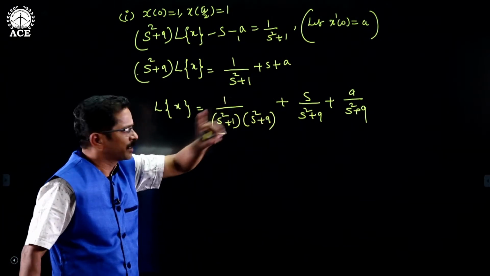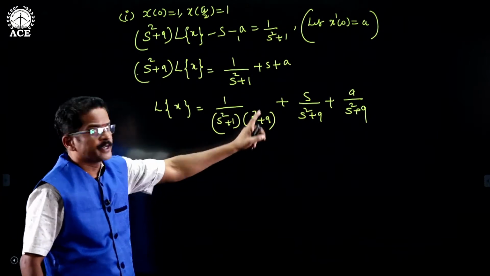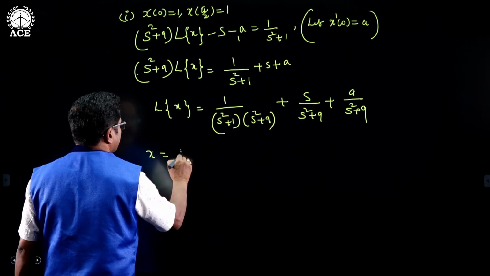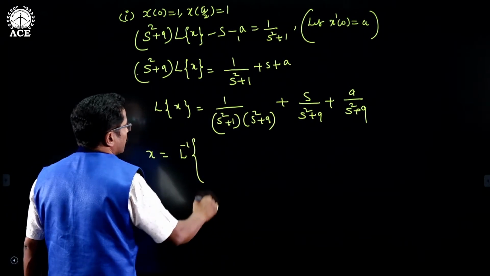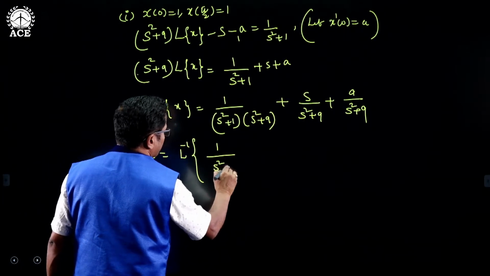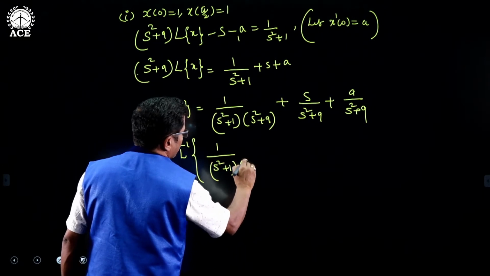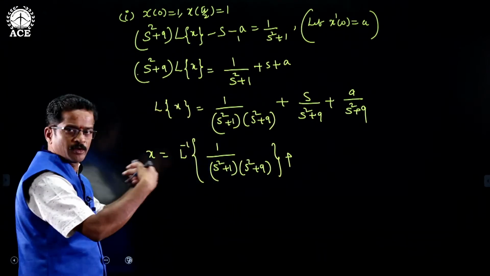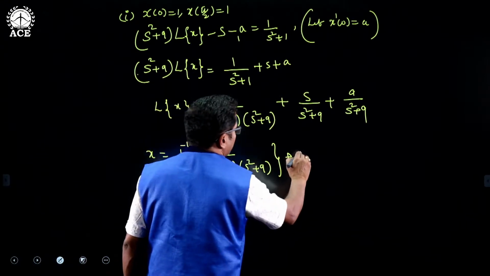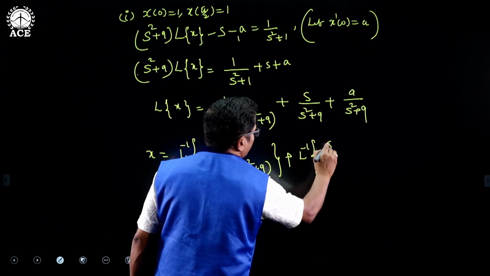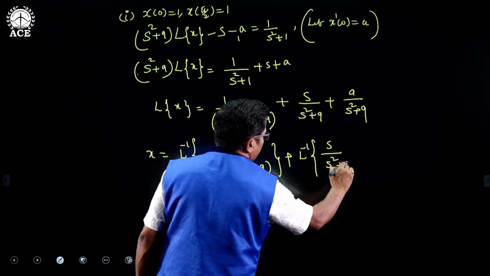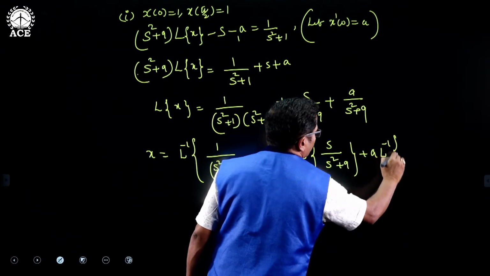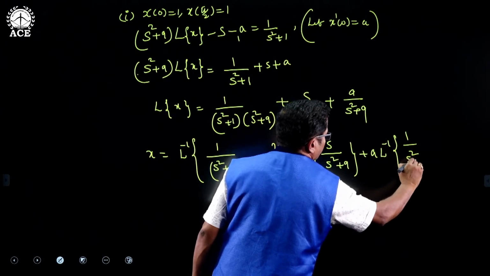Now taking L inverse, by the linearity property, of every individual term: L inverse of 1 by (s square plus 1)(s square plus 9), plus L inverse of s by (s square plus 9), plus a into L inverse of 1 by (s square plus 9).